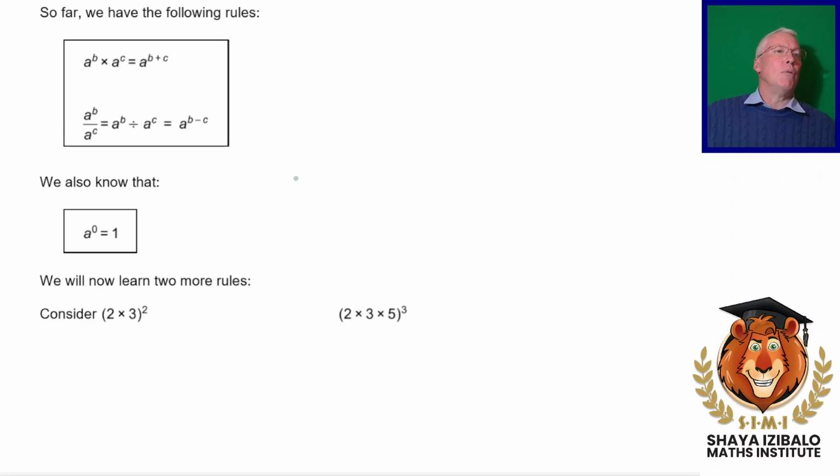Right, so far we've established kind of 3 rules. Well, 2 rules and 1 definition. The first one says that when we multiply numbers with the same bases, we add the exponents. Let's write that in words.